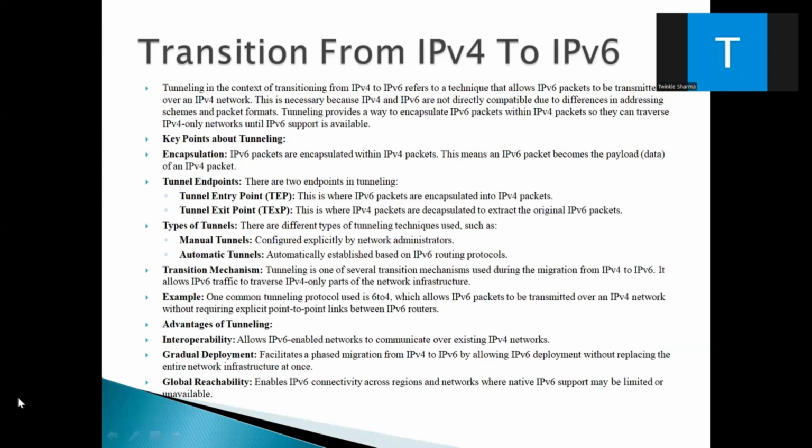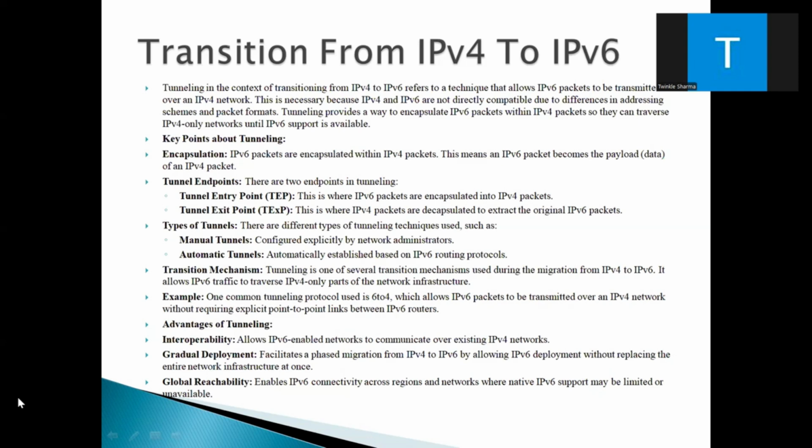Then key points about tunneling. Encapsulation: IPv6 packets are encapsulated with IPv4 packets, right? I have explained it in the normal way. This means IPv6 packets become the payload data of an IPv4 packet. Okay, tunnel endpoints. There are two endpoints in tunneling: tunnel entry point and tunnel exit point.